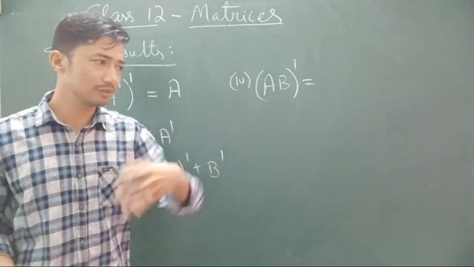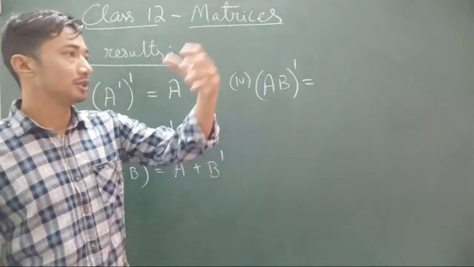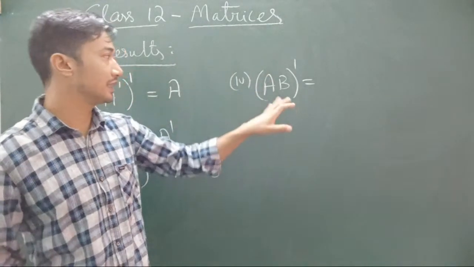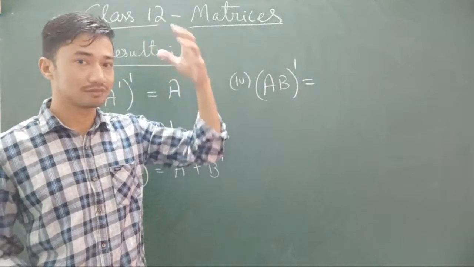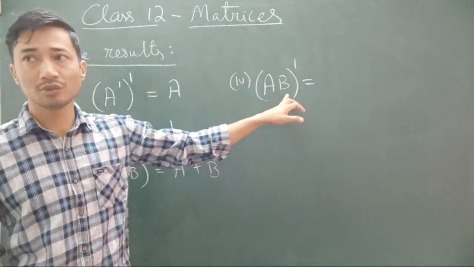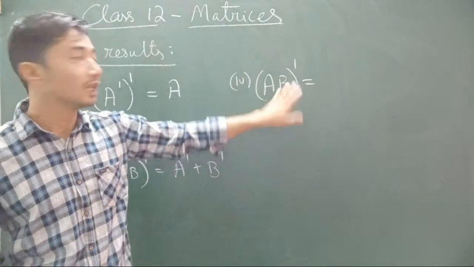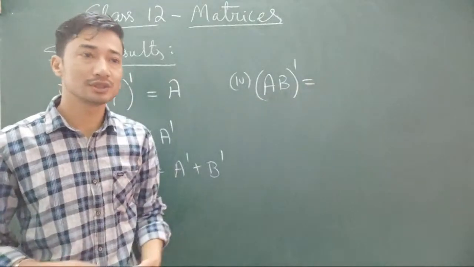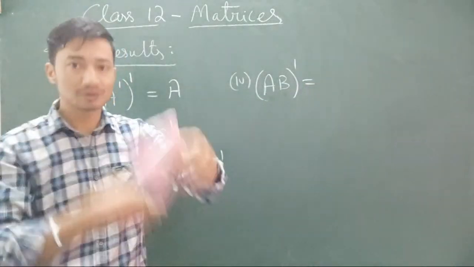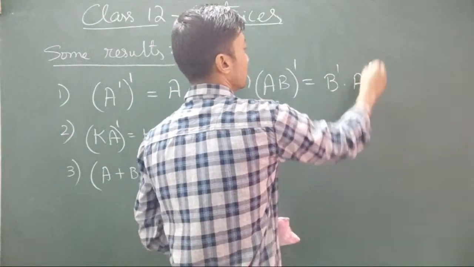Okay, but let me just give you a small brief explanation. A into B will be conformable only if the number of columns is equal to the number of rows. That's how we multiply. But if you go for its transpose, then everything will be just now reverse, ulta, isn't it? So that means B transpose into A transpose.